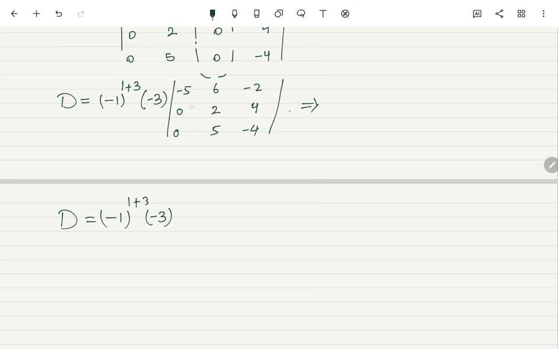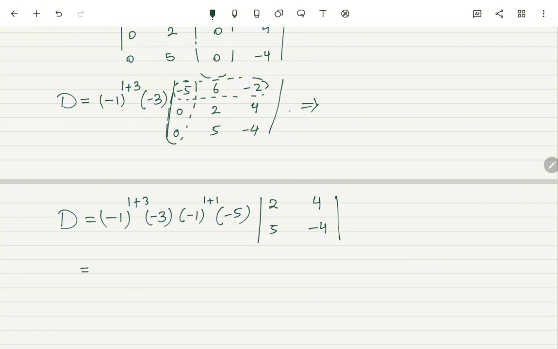So let's choose the first column and the first row. Again, minus 1, first column, first row, so 1 plus 1 times the common element between the first row and the first column, it's minus 5 times the rest, 2 by 2 determinant, which is 2, 4, 5, minus 4.